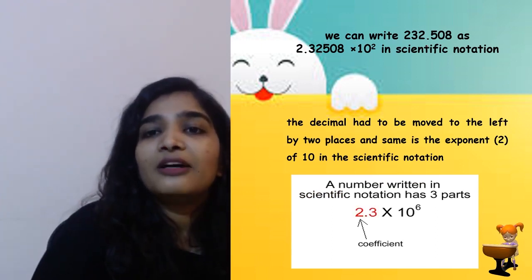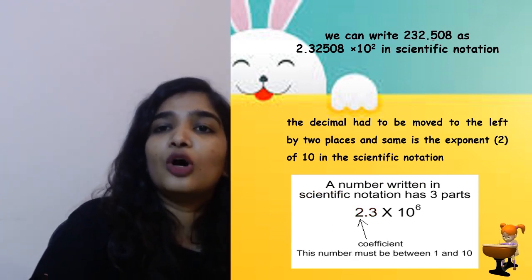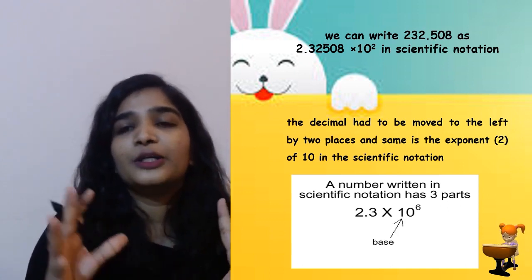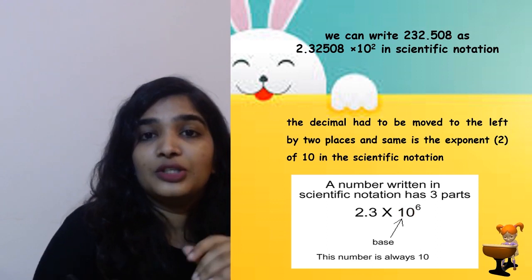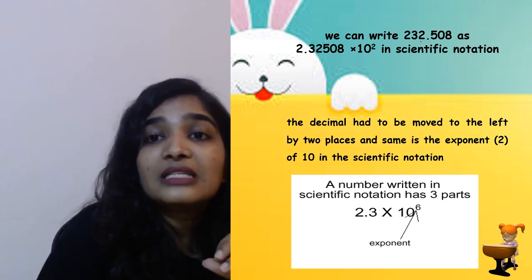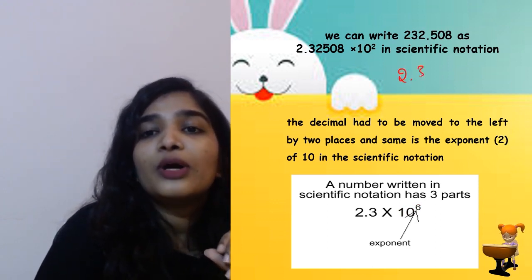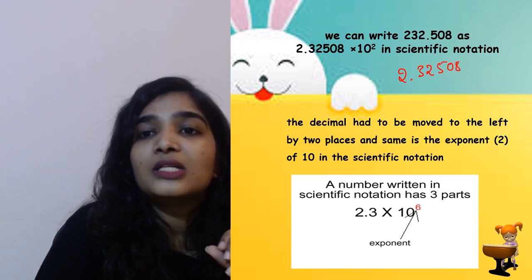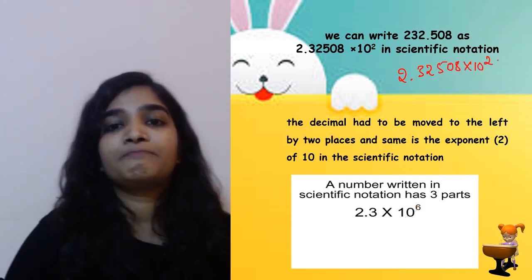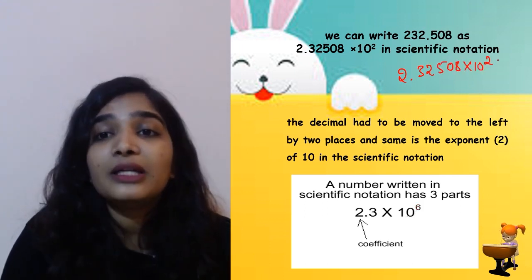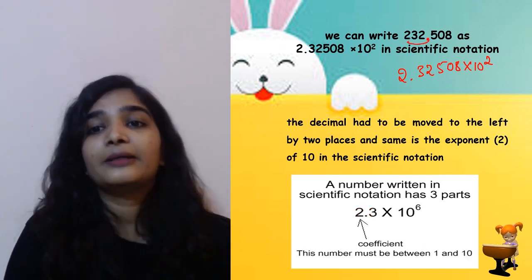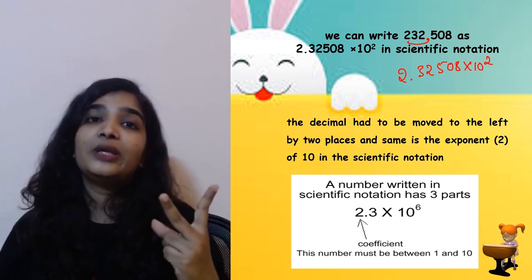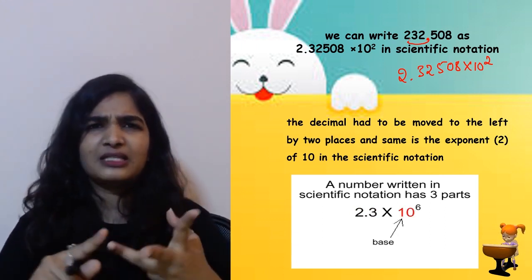For example, you have 232.508. Using scientific notation, I can write the same number as 2.32508 into 10 raised to 2. What we have done is move the decimal point to the left by 2 places. You know, right? Hundreds place, tens place, unit place.